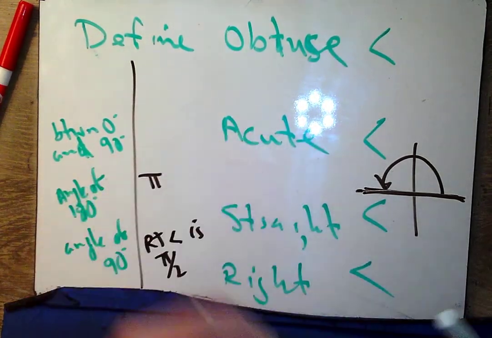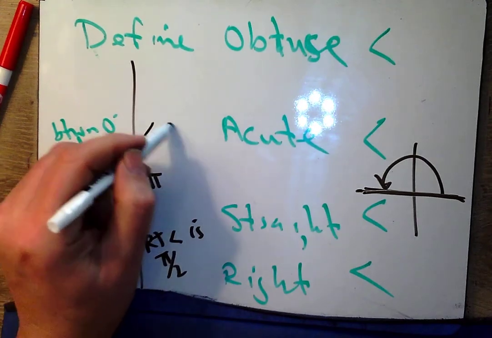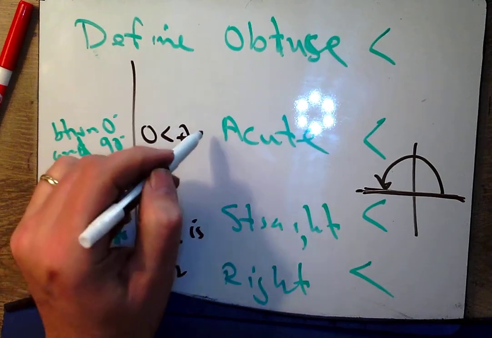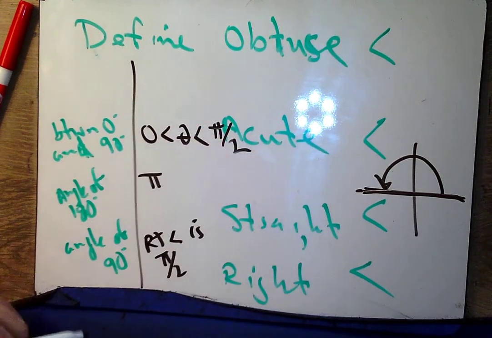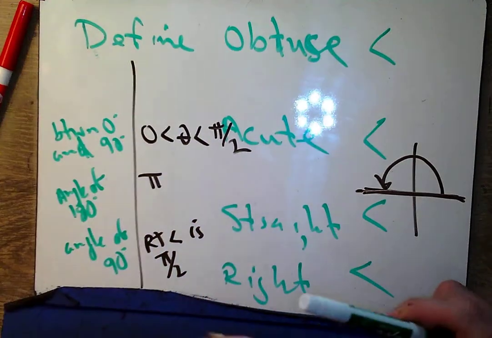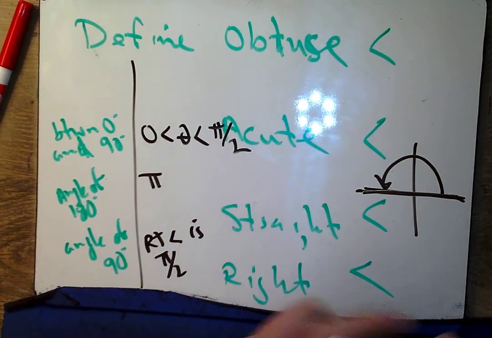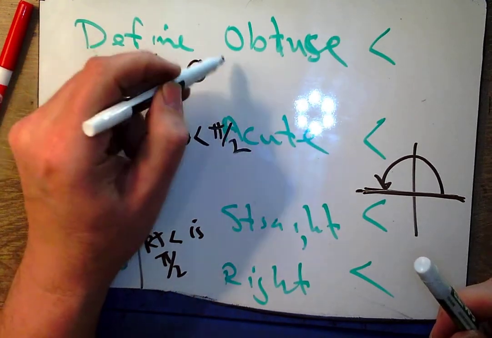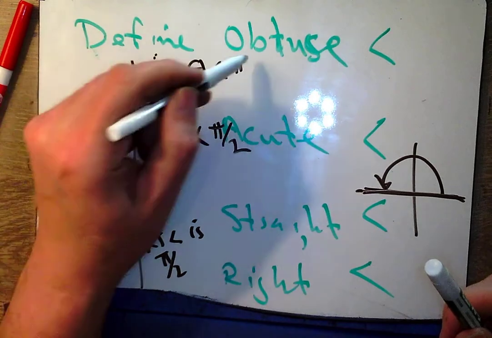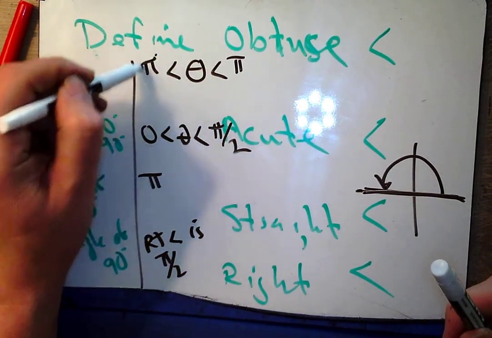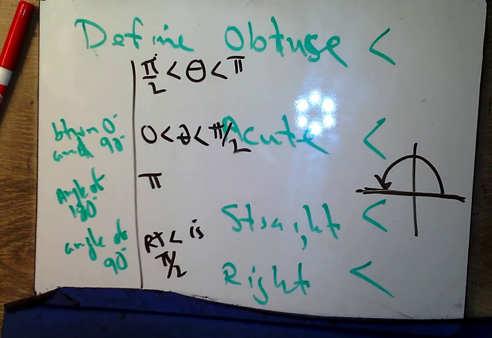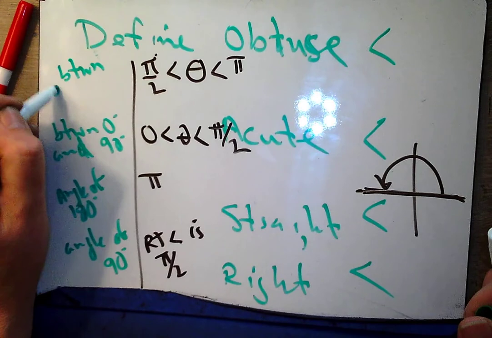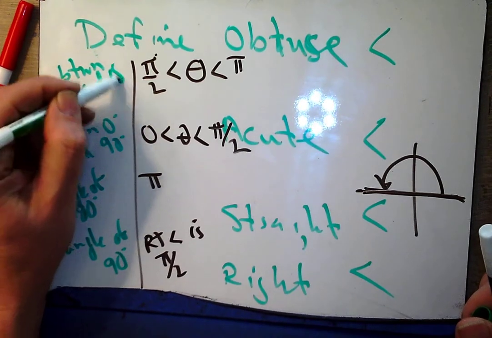Well, that means for us, an acute angle is between 0 and pi over 2. And an obtuse angle is going to be between pi over 2 and pi. Okay? I guess we would say between 90 degrees and 180 degrees.